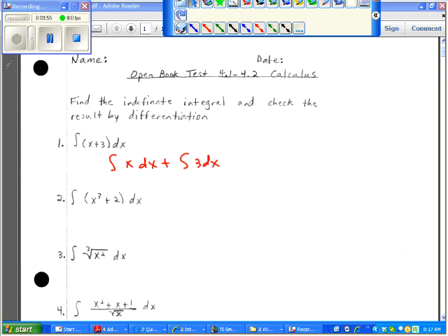Now, the integral of x, if we think about what we need to do, we need to take that exponent of 1, and add a 1 to it, which is going to give us a 2. So we would have x squared, and then we would divide by that same 2. And then we would have plus some constant c, right?